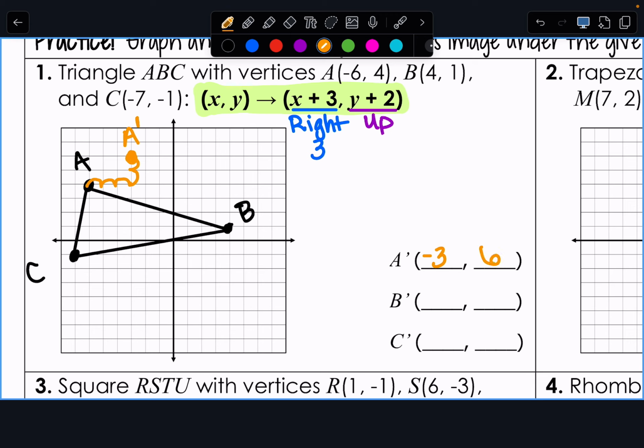And then we're just going to do that with our other coordinates. With coordinate B, I'm going to go right 1, 2, 3, and then from there go up 1, 2. There's my new B coordinate, B prime. Where did that guy end up? That guy ended up at 7, 3.